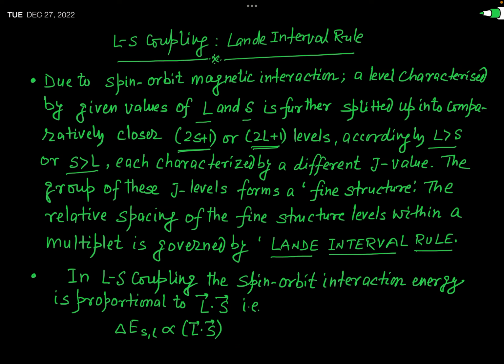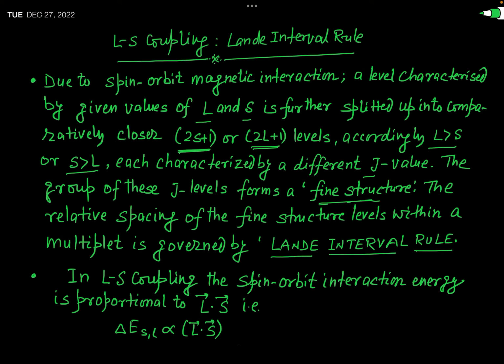Now these split energy levels each have a particular value of J. It means that in these 2S plus 1 or 2L plus 1 energy levels, each level is characterized by a different value of J. The group of these different J levels forms a fine structure.